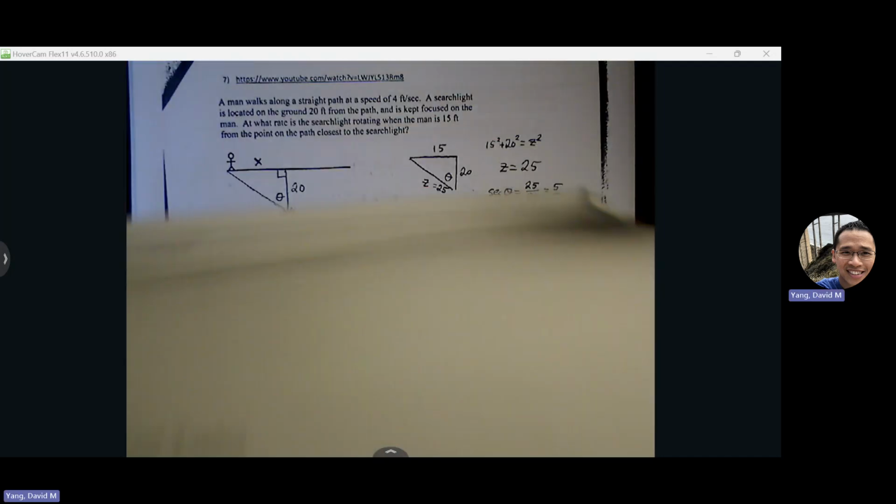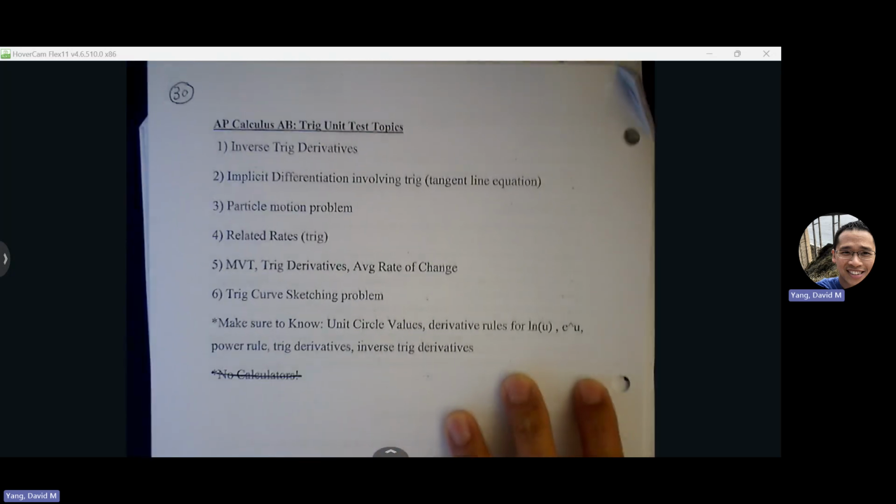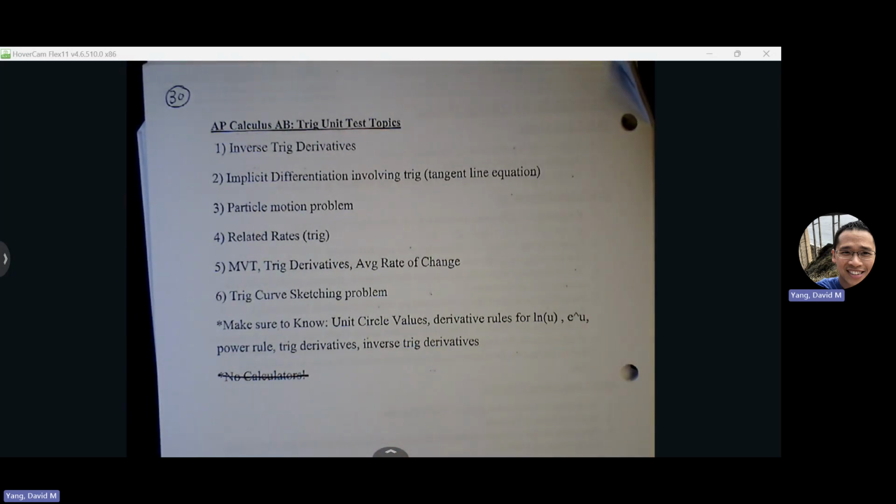And just to revisit, if you can turn to page 30 again, what we're working towards here. So inverse trig derivatives, being able to apply the rules for those types of problems. Implicit differentiation involving trig, we'll see that today as well. Particle motion problem, we've done that before. We're just finding velocity or acceleration or evaluating velocity, evaluating acceleration.